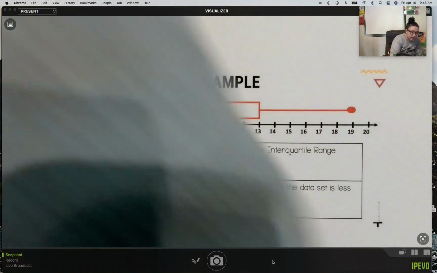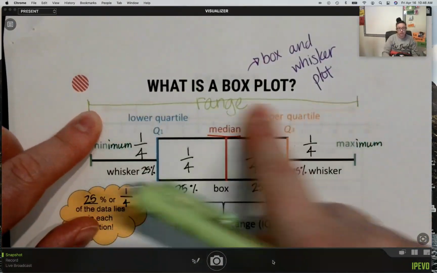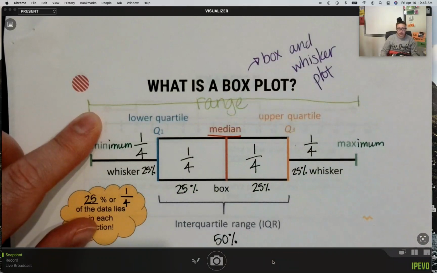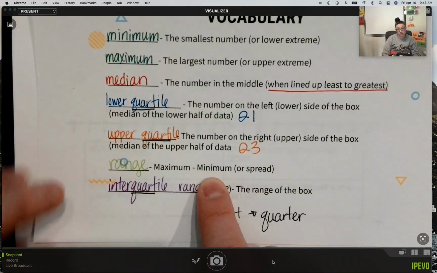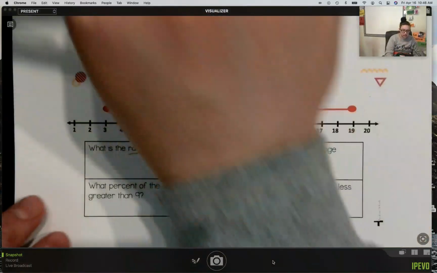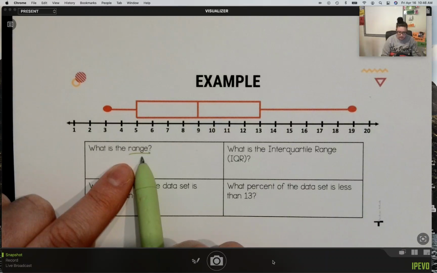And in case you forgot, remember the range is that distance between the minimum and the maximum. So for me to calculate that range, I have to subtract those two numbers. So here, for my range, what is my maximum?